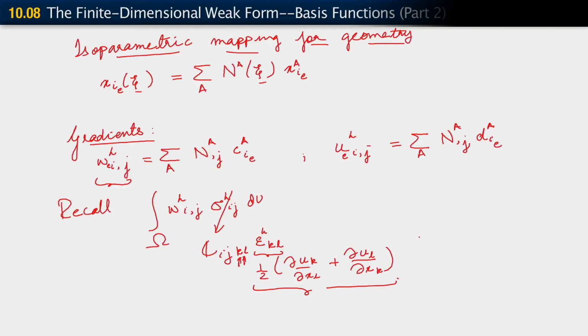So what I'm saying is that, as long as we make sure that C has minor symmetry, we are completely correct in writing this as C_{ijkl} u^h_{k,l}. And the reason for this is minor symmetry.